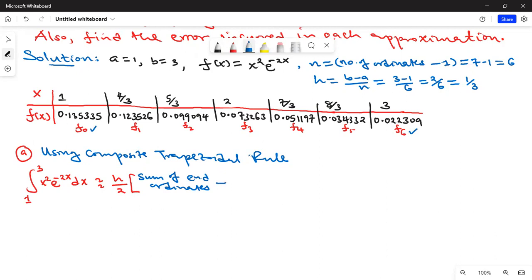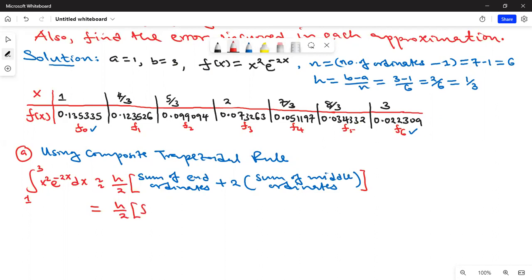Then plus twice the sum of the middle ordinates. That is the trapezoidal rule in words. So what does it mean? This is the same as writing h over 2.